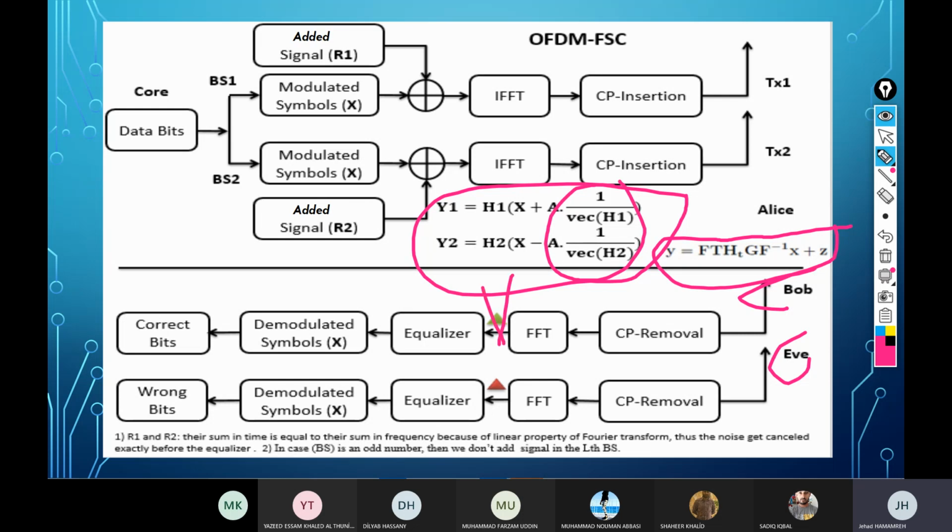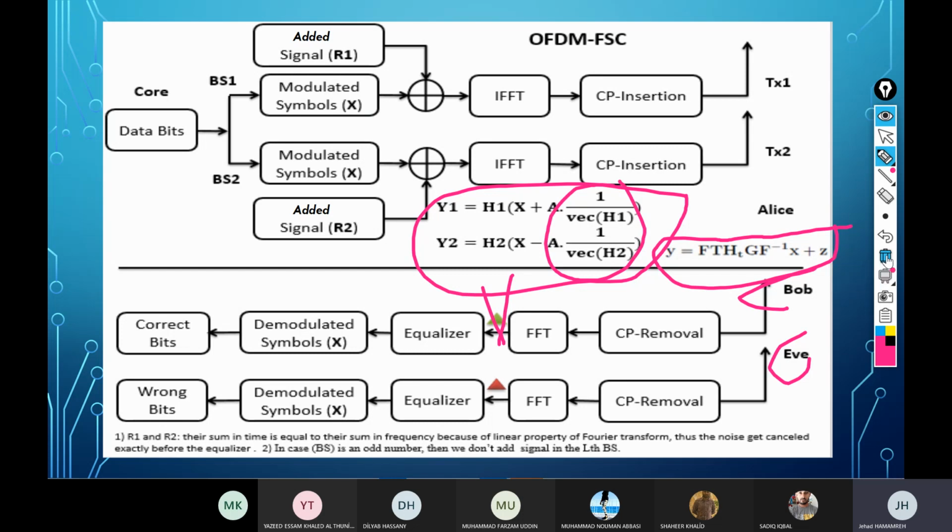This is how you implement it. This idea is patented actually, and this is very practical, and it can provide perfect secrecy. It's really one of the strongest physical layer security approaches that can prevent Eve from getting access to the data of Bob.